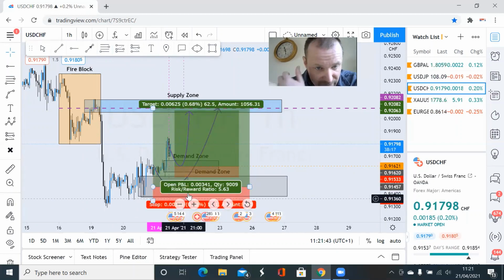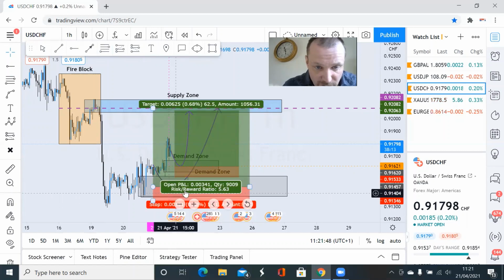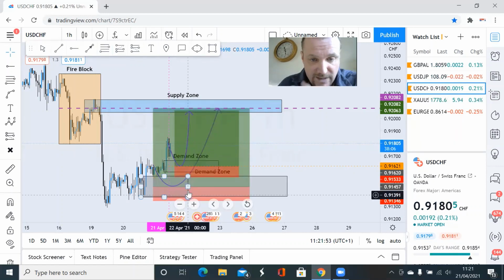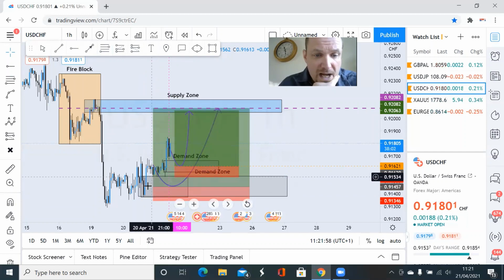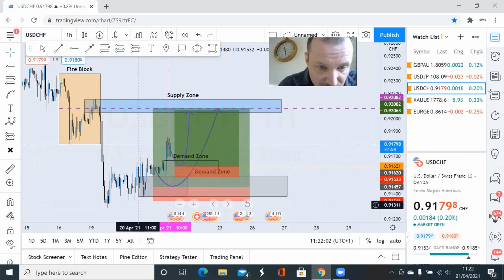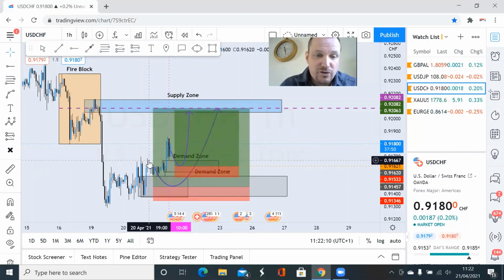Now, I've got two areas. This is where I was first interested, the last down before the up. This risk to reward was 1 to 5.63. I've got a 0.5% risk on this particular trade. As we've pushed out, we've created a further demand zone because we've come out, we broke structure.